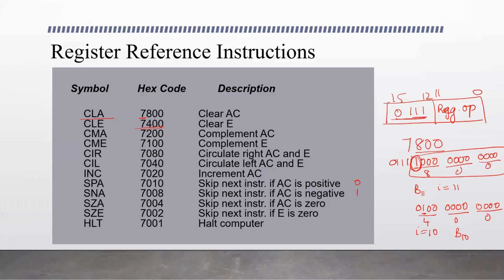And now if you take the next operation, it is 200. What is 200? 2 is 0010, 0000, and again 4 zeros. This is 0, this is 0, this is 2. This is the hexadecimal code for the instruction for bits 0 to 11, 12 bits. So here the ith bit is where there is a 1, so we write B9 for the third instruction.